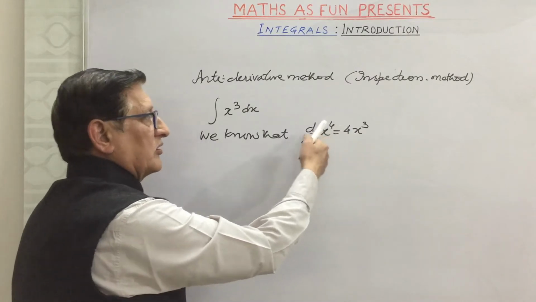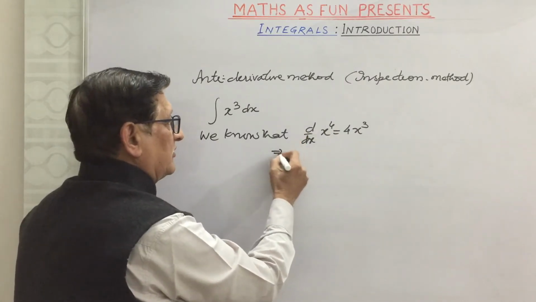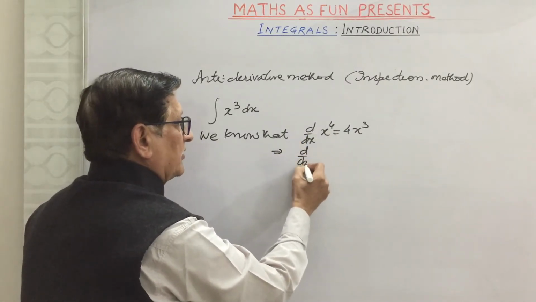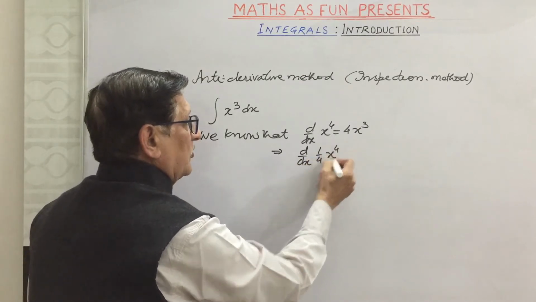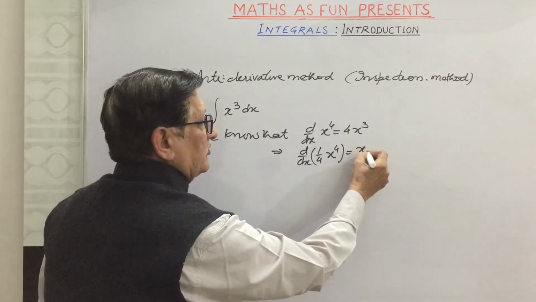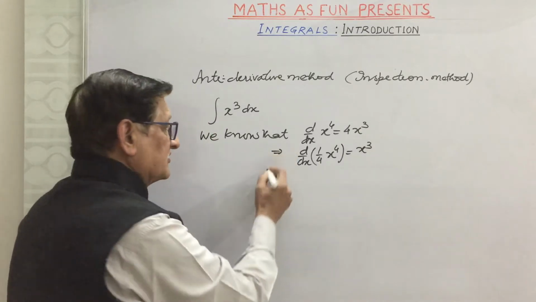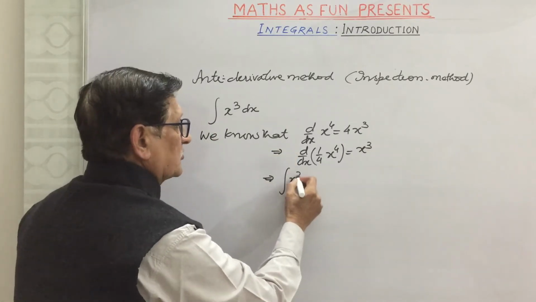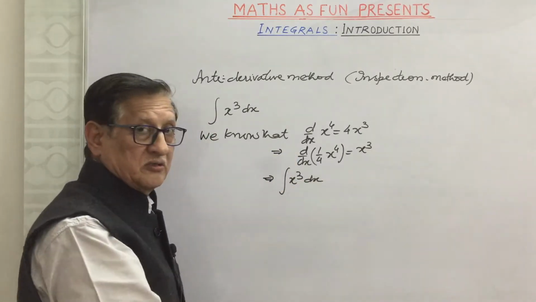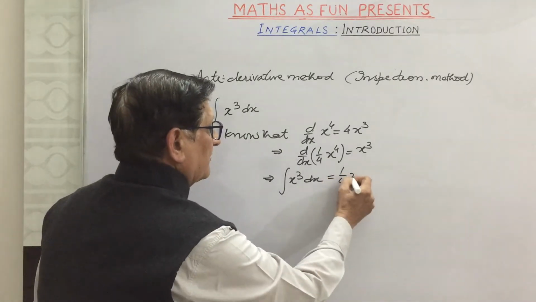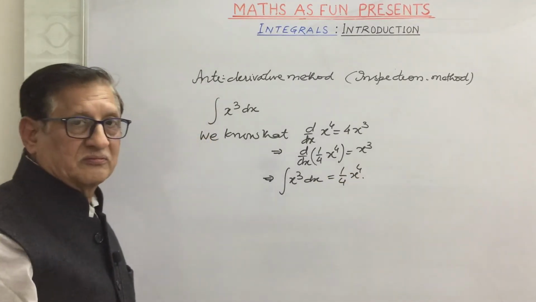So this 4 can be brought to this side. We can write d by dx of 1 upon 4 x power 4 is equal to x cube. And hence we can say that integration of x cube with respect to x will be equal to 1 by 4 x to the power 4.